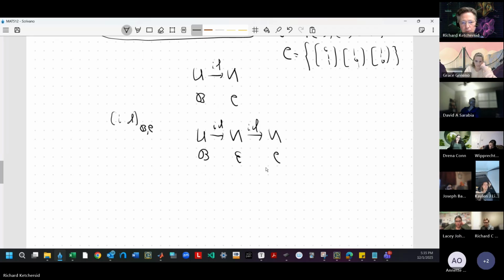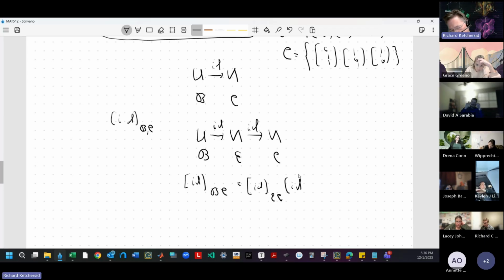Okay. So what do I get there is I get that, combining these things using that equation I had above, right? The matrix for the identity mapping with respect to B and C is really, and now which one do I need to do first, right? So it's going to be the identity map with respect to E and C, and then the identity, and first means to the right of, right? So I need to do this one first.